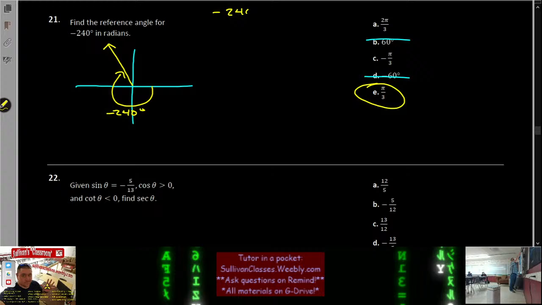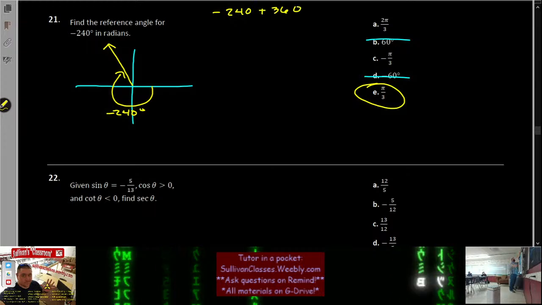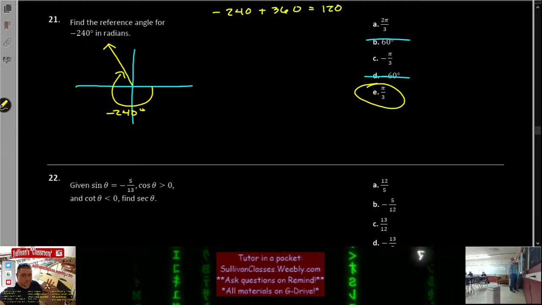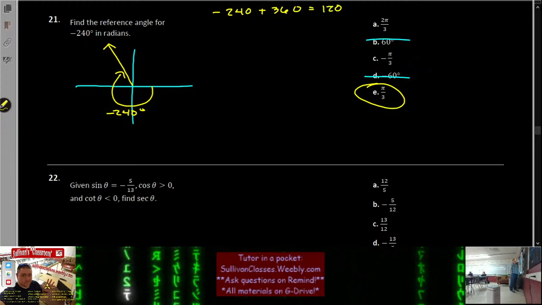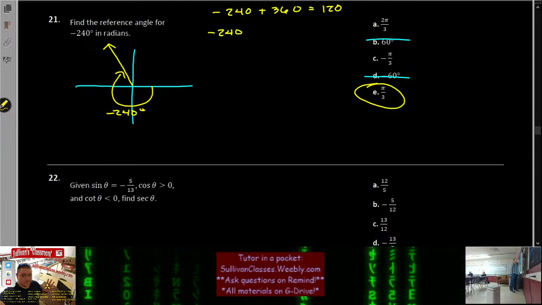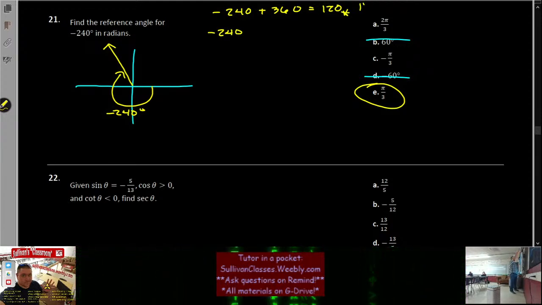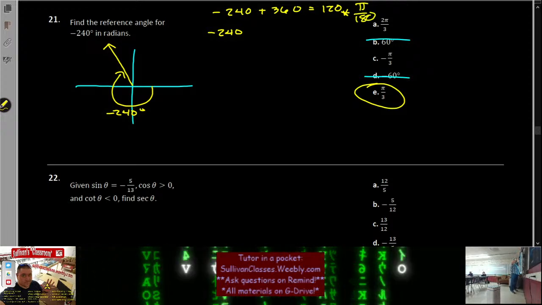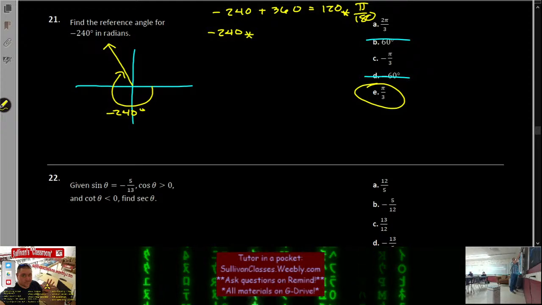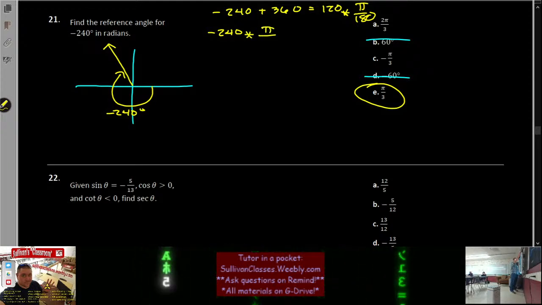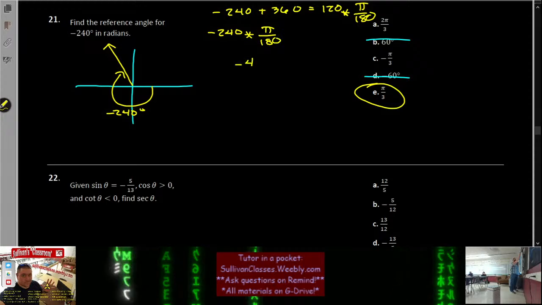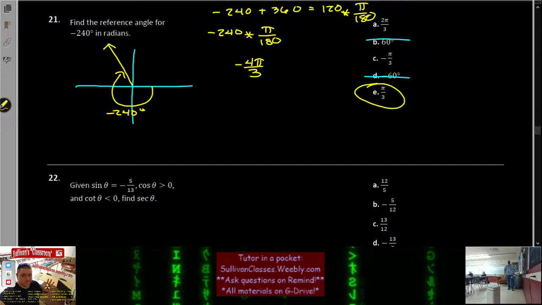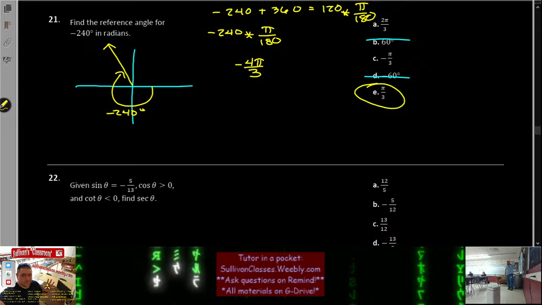Options. You can say negative 240 plus 360 to find a coterminal angle. You could do negative 240 times pi over 180, or find its reference angle and then turn it into radians. You have a bunch of different options, right?